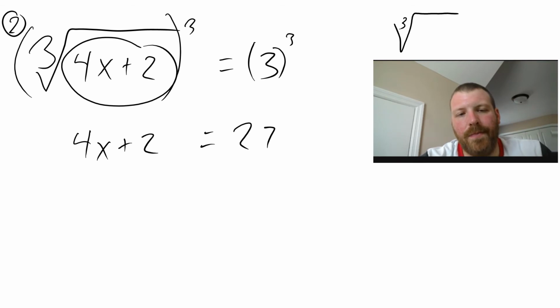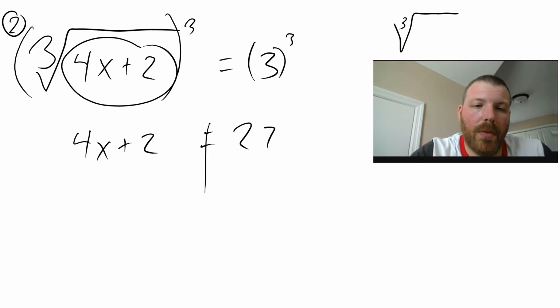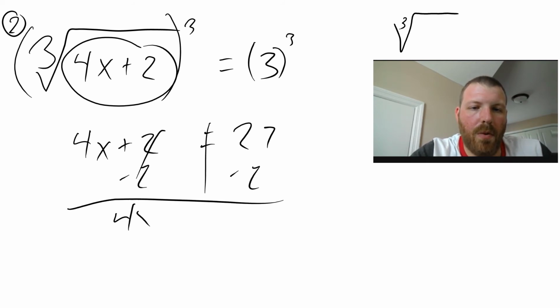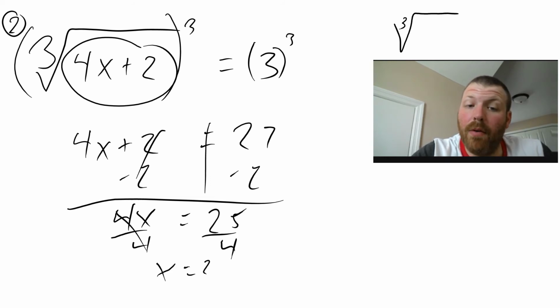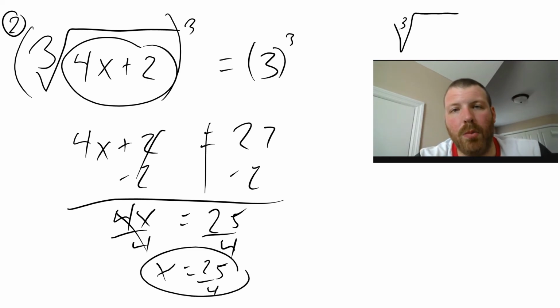Now I have something simple to solve. I subtract 2 from both sides, you get 4x equals 25. Divide by 4, x equals 25 over 4. That's good enough for me. You can make it a decimal if you want to. So that's kind of how it looks.